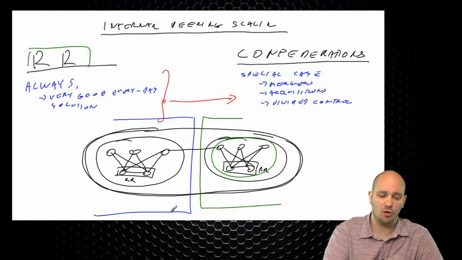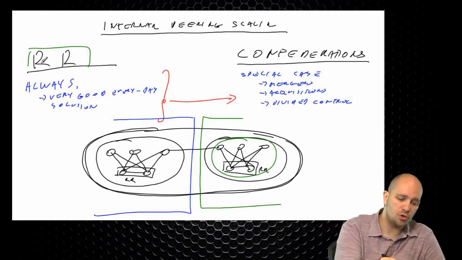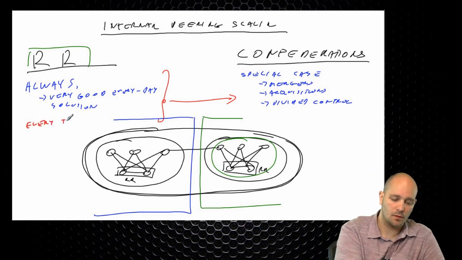Now, for the purposes of the lab, you should use route reflectors every time something looks like hub and spoke.